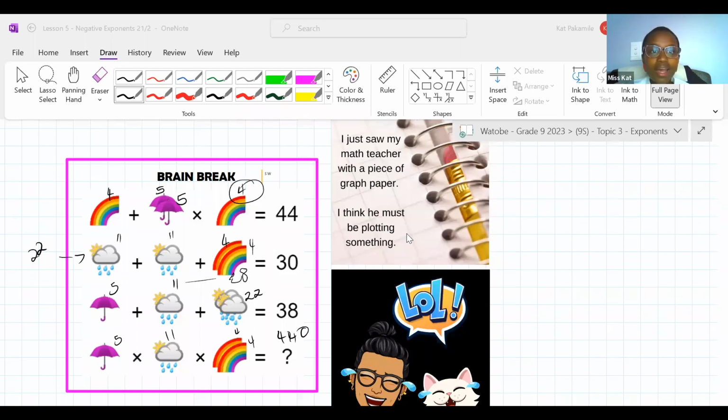Come on. Paul, because when you're plotting a graph, you know, when you're plotting points, but also when you're plotting, it means you're up to something. So the math teacher is plotting. Maybe they're plotting a test like me. If you were my learners, it would be like a surprise test. Oh, right. Now boys getting it.